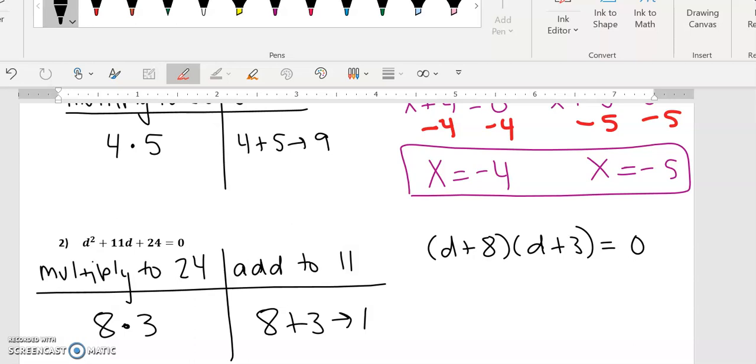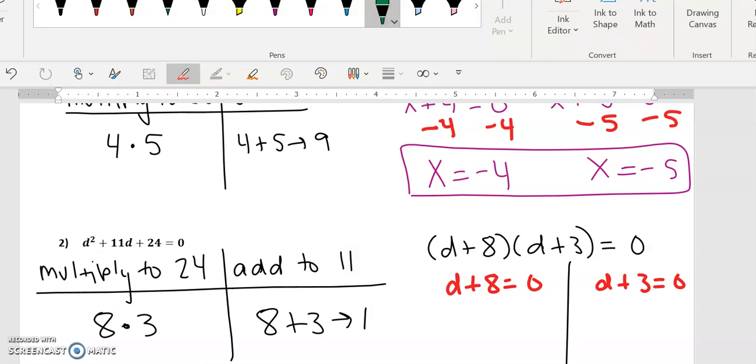Now I'm going to go to step 2. I'm going to write these as two little mini equations. Each factor comes out as a little mini equation. And then I will solve the mini equations.